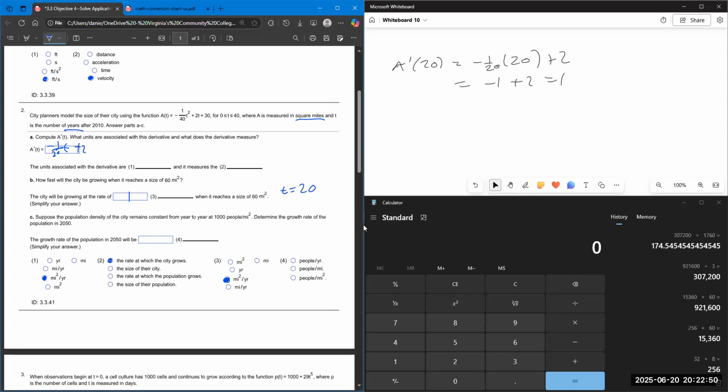Suppose the population density of the city remains constant from year to year at 1,000 people per square mile. Determine the rate of growth of the population in 2050, which is when t will be 40.